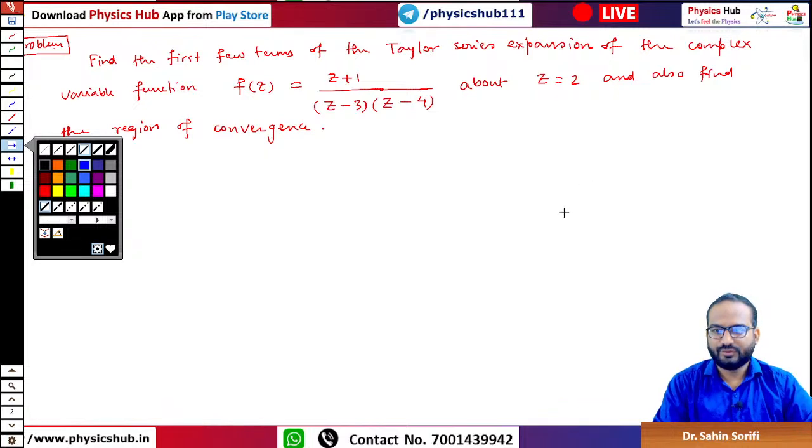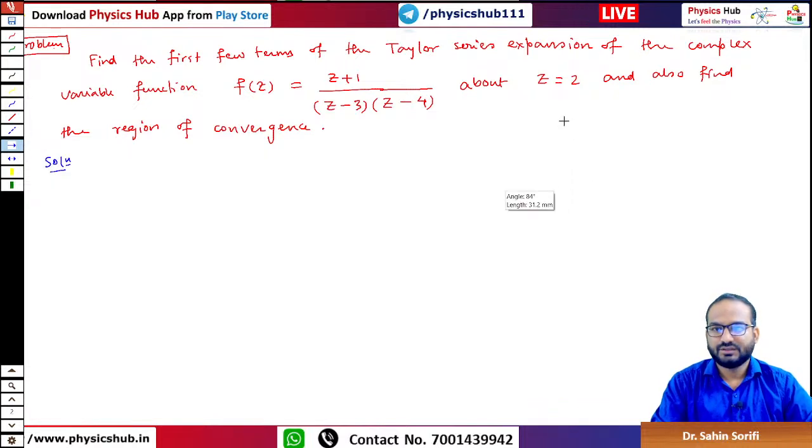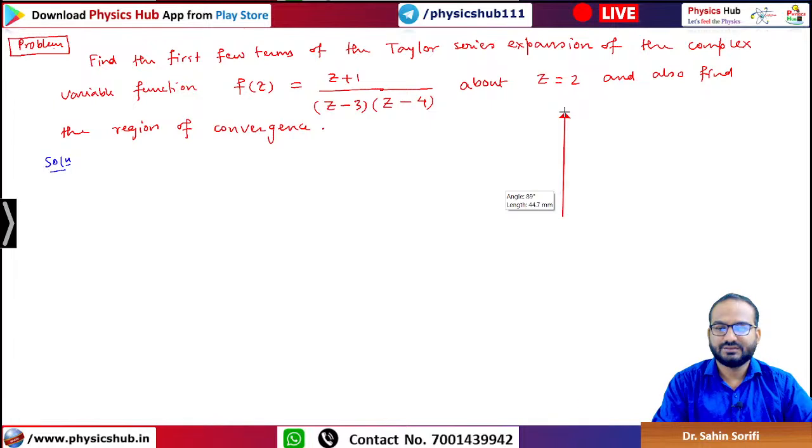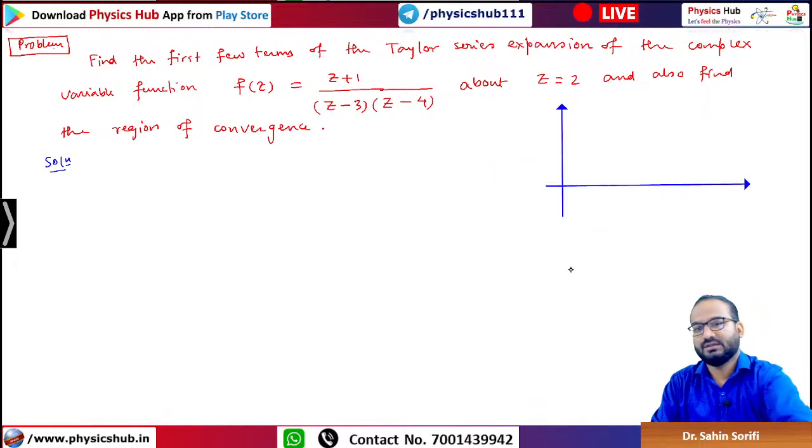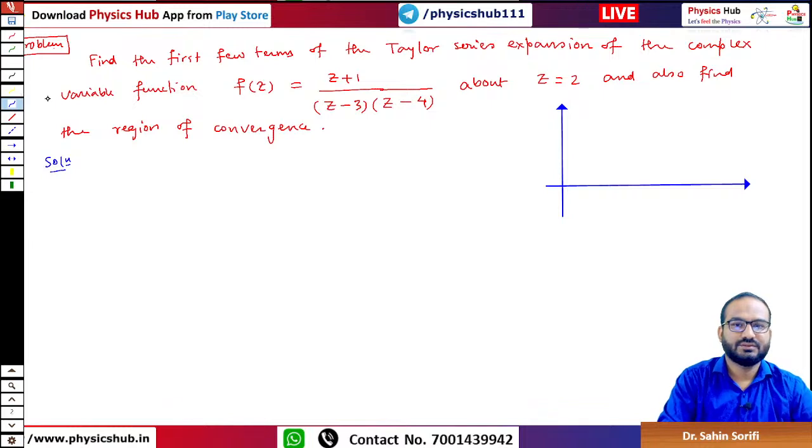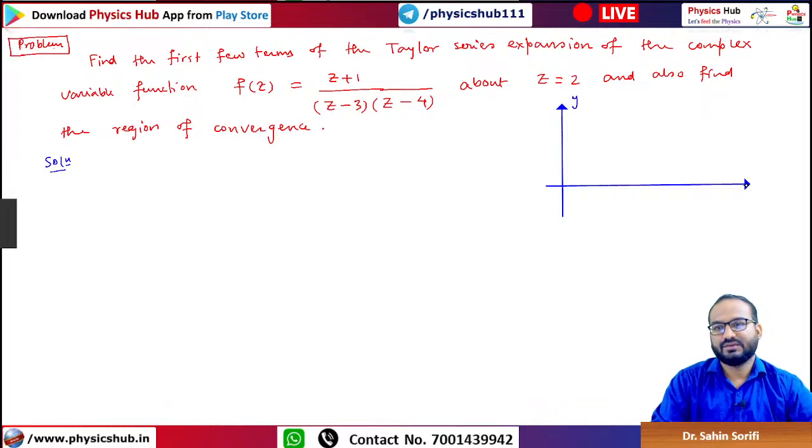If you plot this function f of z versus z, let's say y versus x graph, what kind of graph do you expect? About z equals 2, so this is 0, let's say this is 1, this is 2, this is 3.